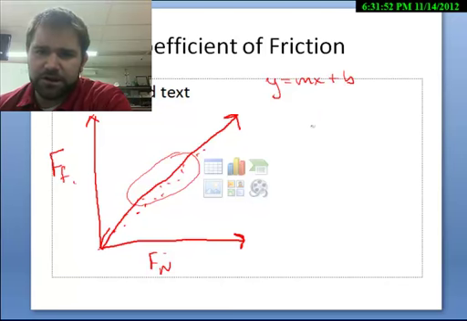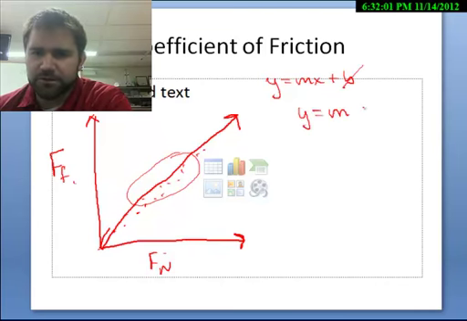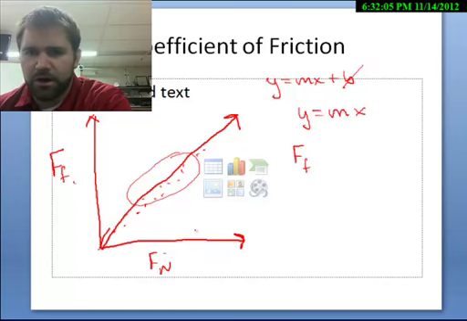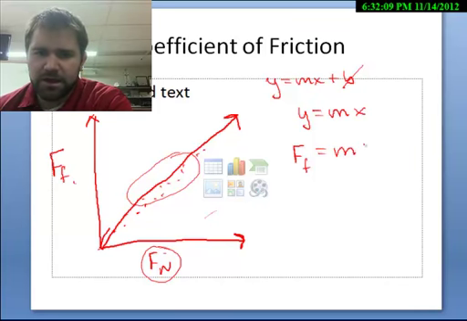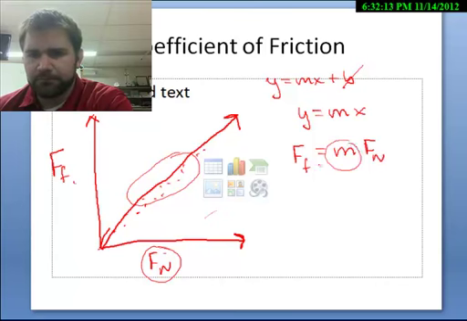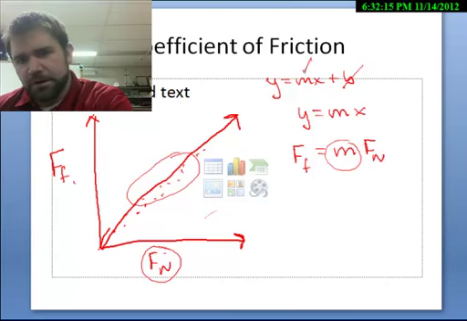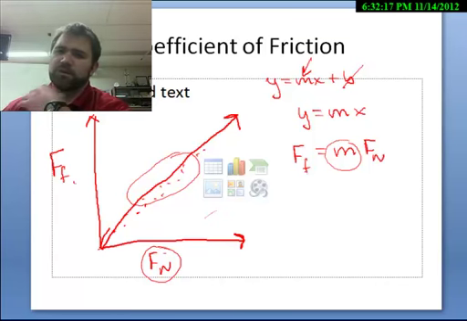So our equation for a line is y equals mx plus b. In this case, because when we have zero weight, we have zero friction, our y-intercept is 0, and so we lose that, and it's just y equals mx, where y is the force due to friction, and x is the normal force, and m is the slope of the line, just like m is the slope here.